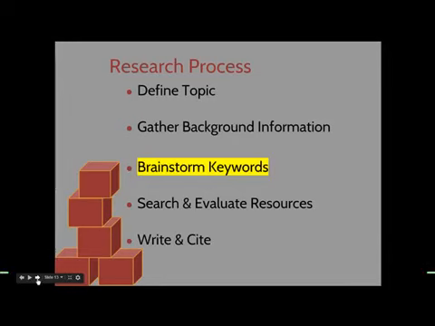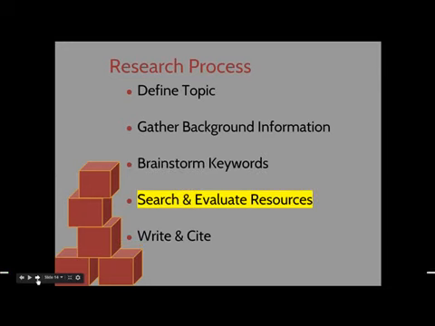So as you're going through this background information, you might see that there are multiple words that other people use for your topic. So when you go into searching and evaluating resources, you'll have this entire list of keywords that you can search for. So if you have a combination of 2 or 3 words and you run out of sources and you're not finding more, you can switch out those keywords that you've already brainstormed beforehand.